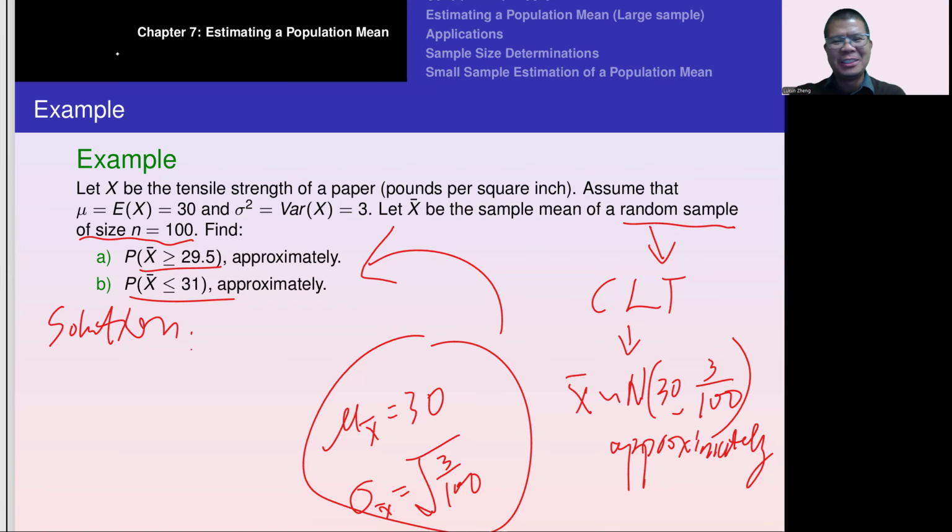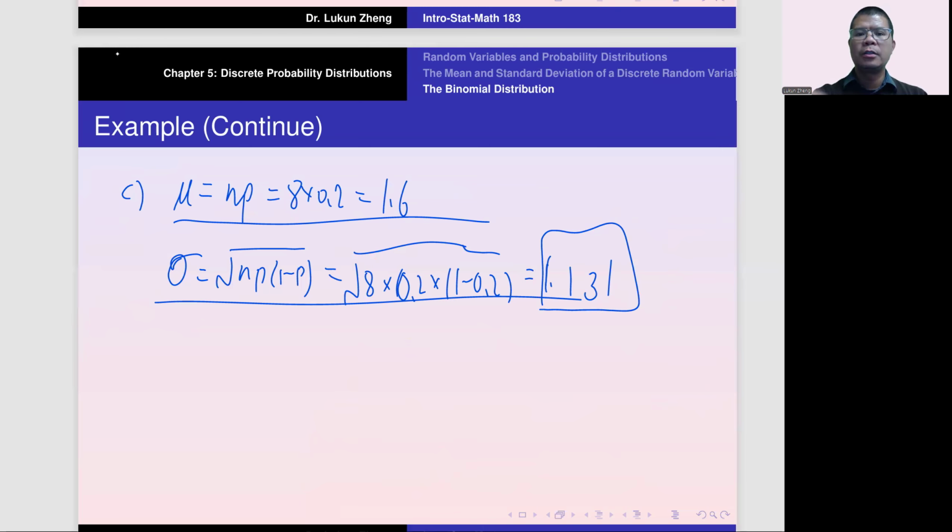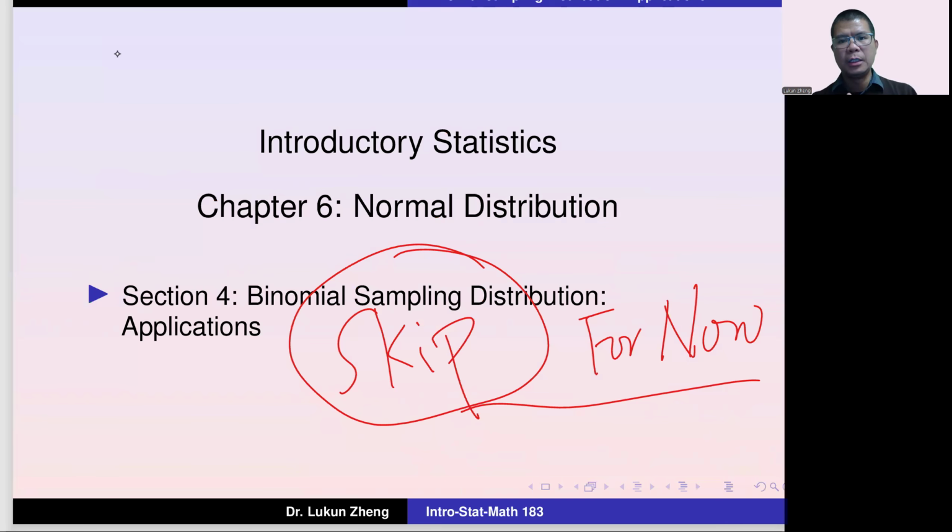All right, so we're done with the review for exam 2. It starts from section 4.4, and all materials in chapter 5. Then it's going to be chapter 6 without section 4.